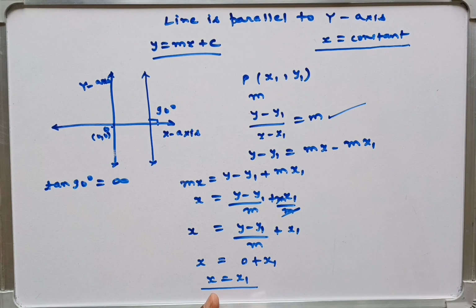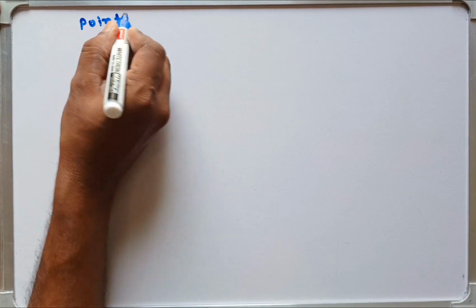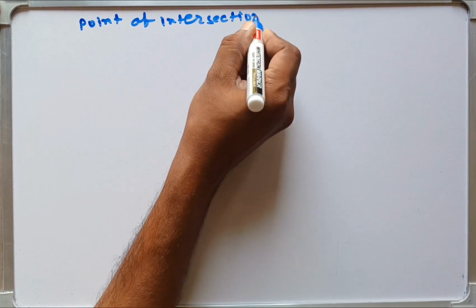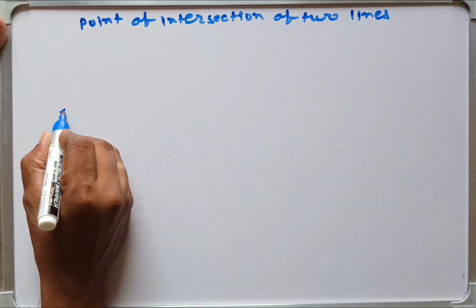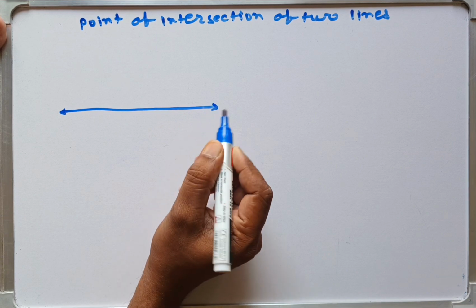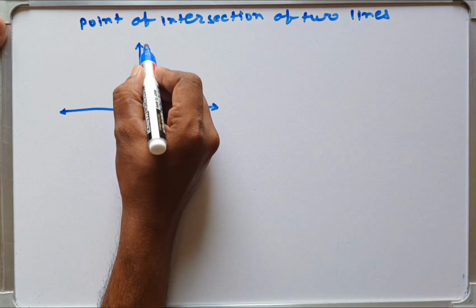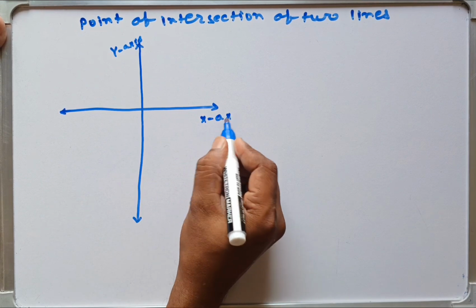Next, let's see how to calculate the point of intersection of two straight lines. Consider this one is the x-axis and this one is the y-axis.